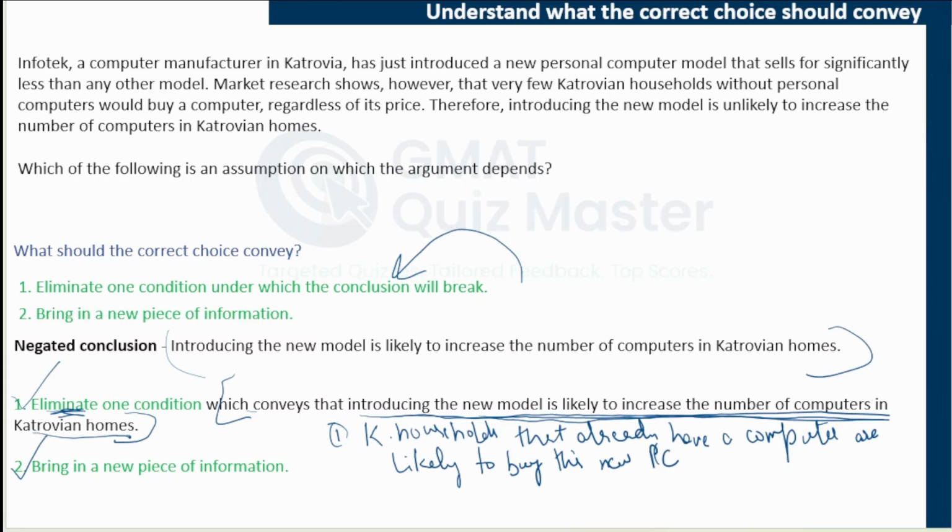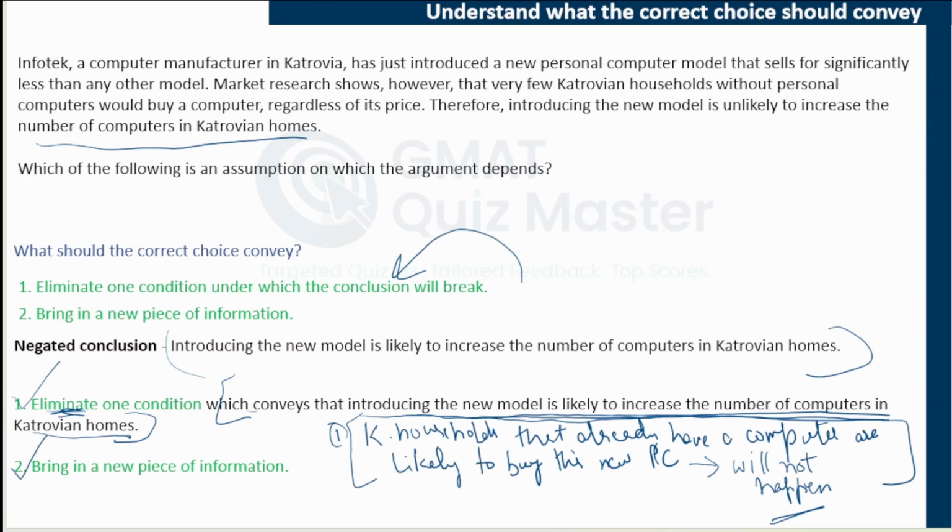This is a condition under which the conclusion will break because the number of computers in Ketrovian homes would increase. So this is a condition in which the conclusion would break. So the correct assumption will say that this will not happen. And this is a new piece of information. So this is one of the correct assumptions here. You can think about more such scenarios.